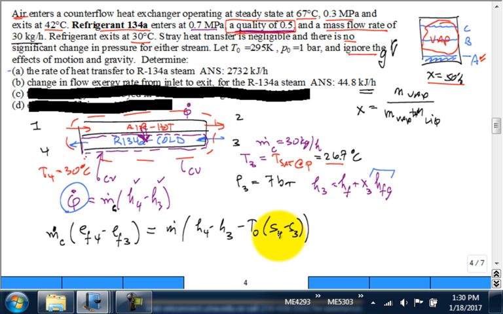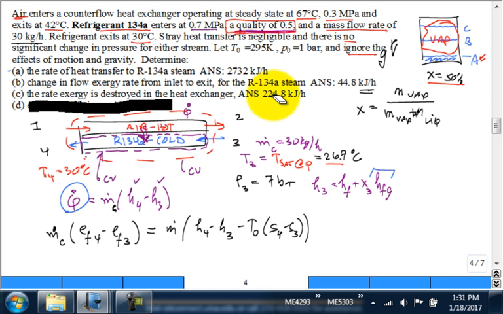The difference of flow exergies is these are simpler. And we didn't write down the KE4 and KE3 because they told us negligible changes in the kinetic energy as well as potential energy. So you have to be able to get the property enthalpy as well as entropy at state 3 and 4. All right. Ready for next part? Let's go to the next part. What is the rate that exergy is being destroyed in the heat exchanger?